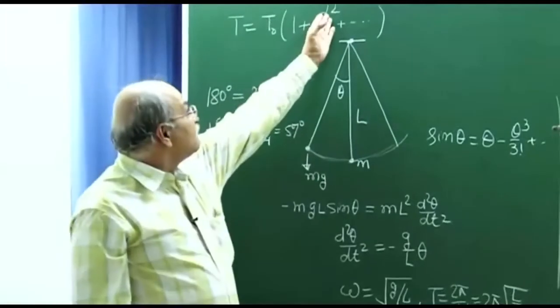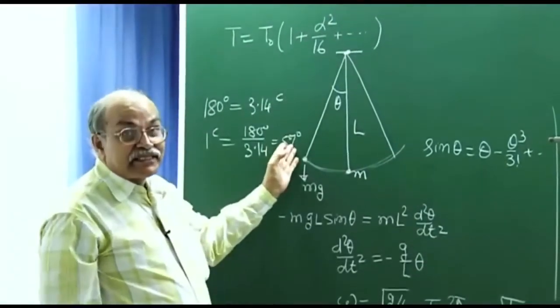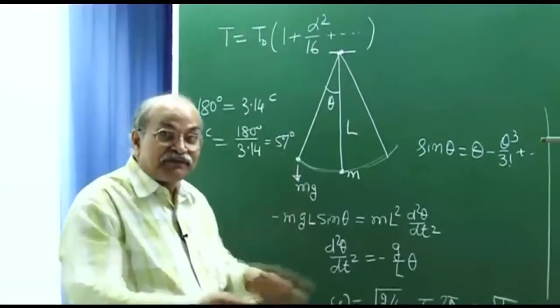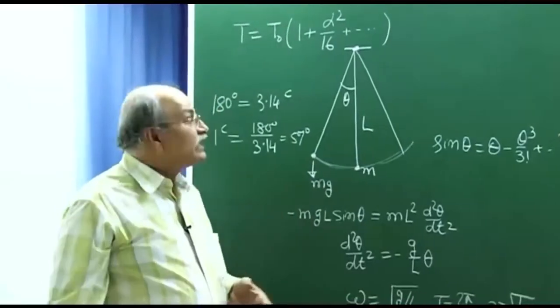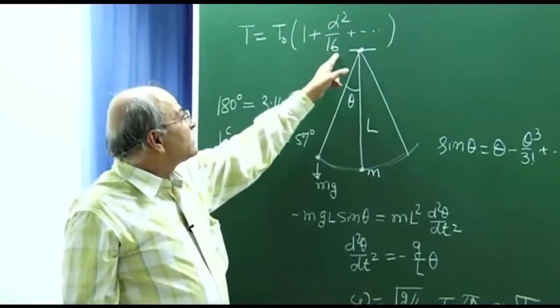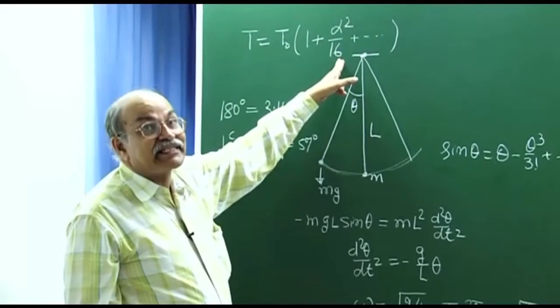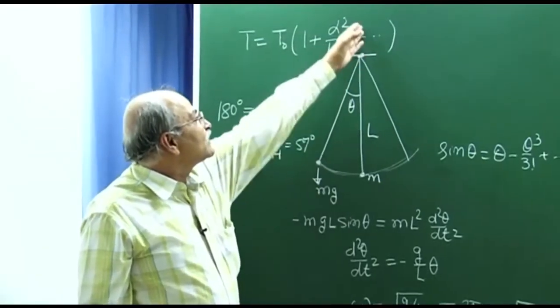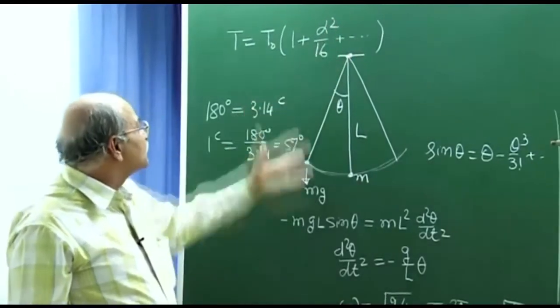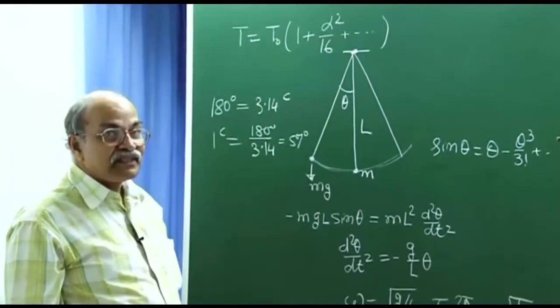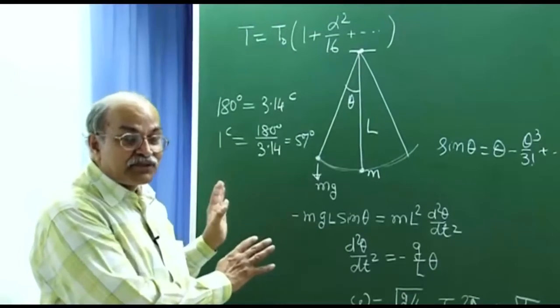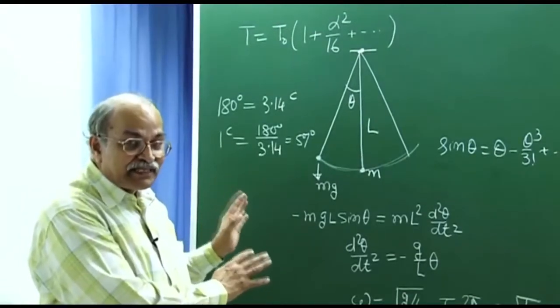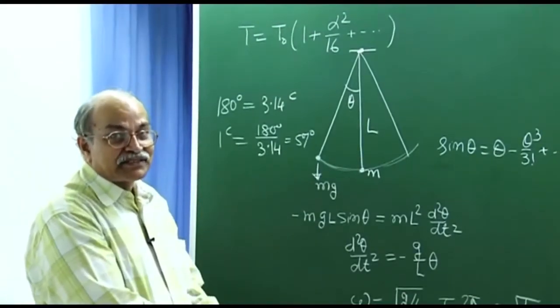So at alpha equal to 1, it is a huge amplitude, 57 degrees of amplitude, and even then this will be 1 by 16. 1 by 16 is 6% of error, and later terms will be even smaller. So that is how the time period varies with amplitude.